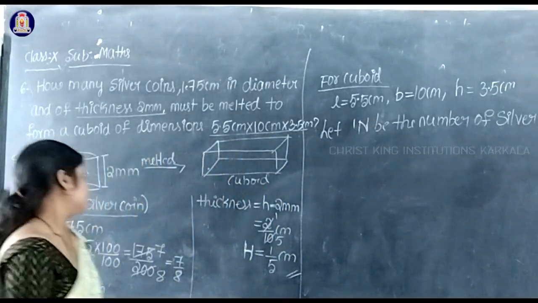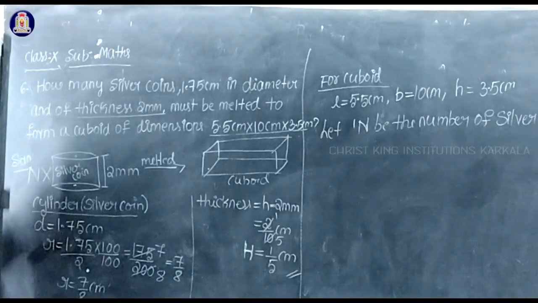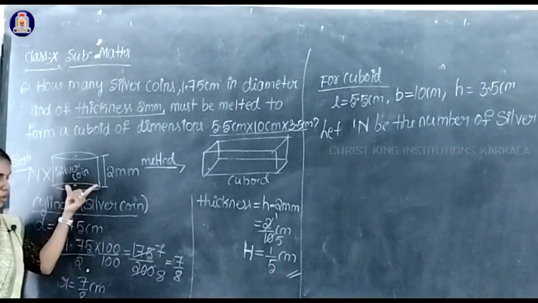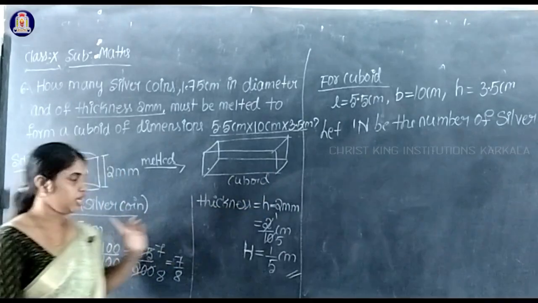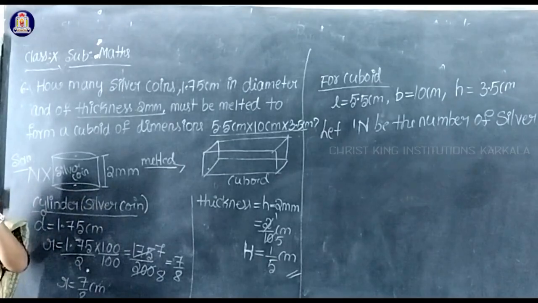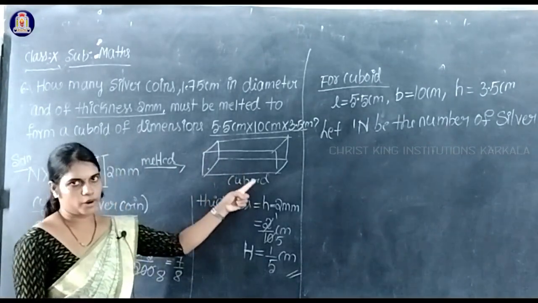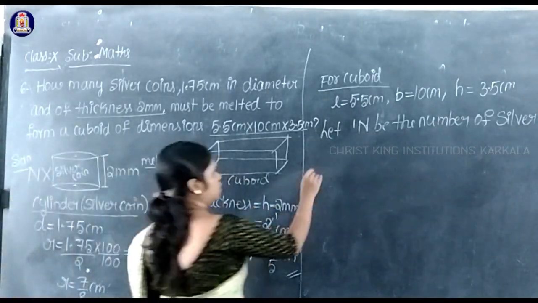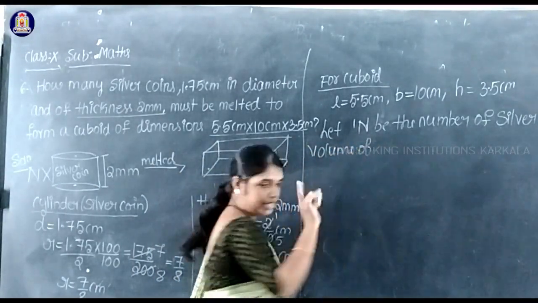Now see here, according to this question, if I melt n number of silver coins, I'll melt them into the form of a cuboid. So therefore we can say n into the volume of one silver coin is equal to the volume of the cuboid.